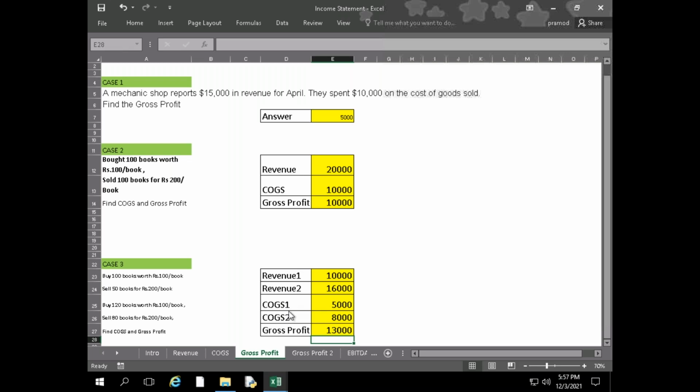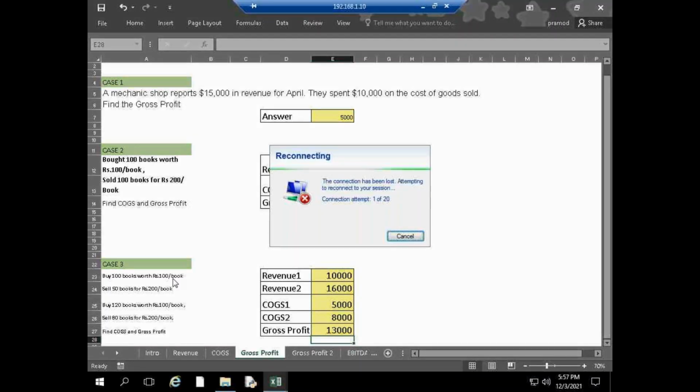Cost of goods sold. In case 3, what is the cost of goods sold?